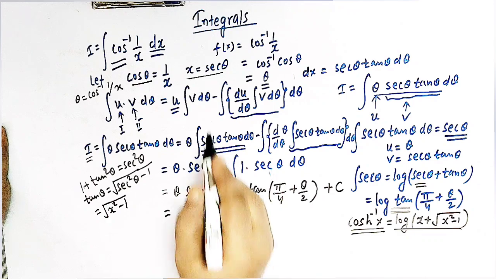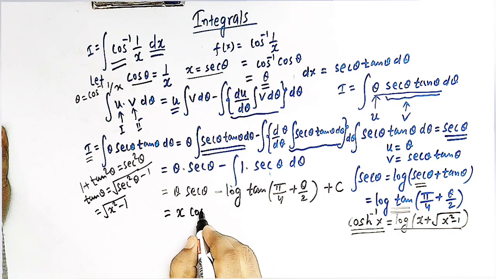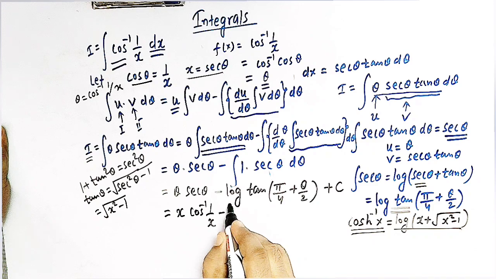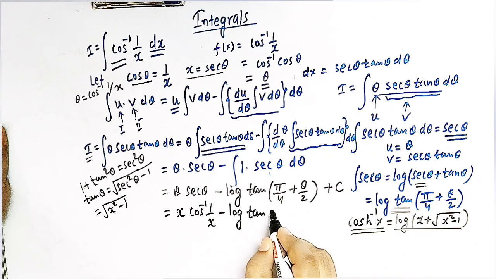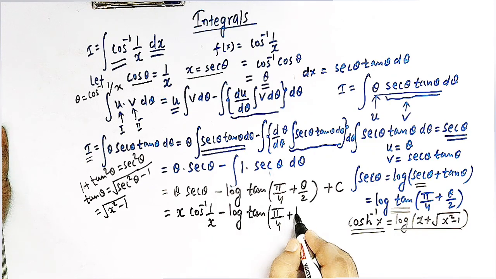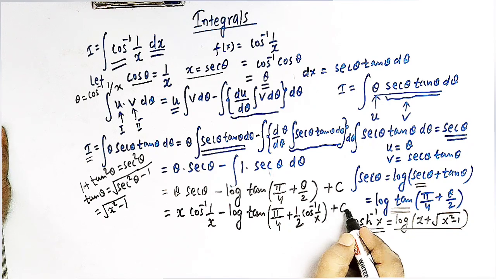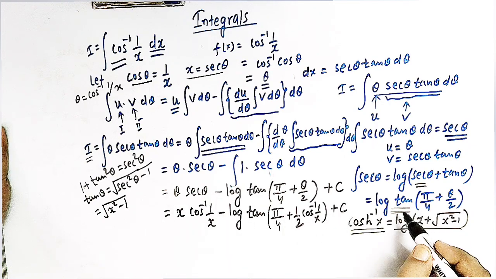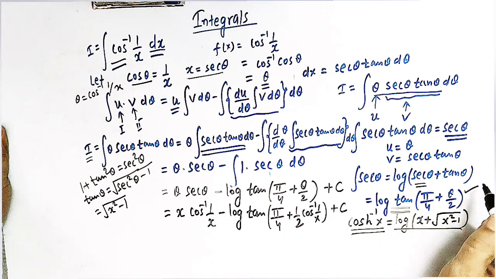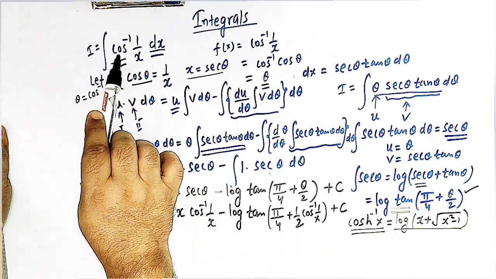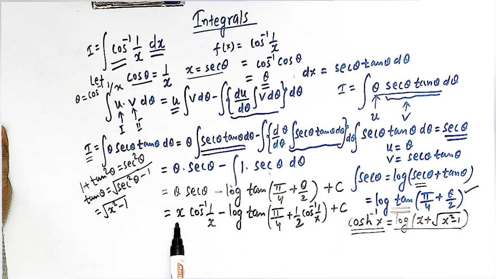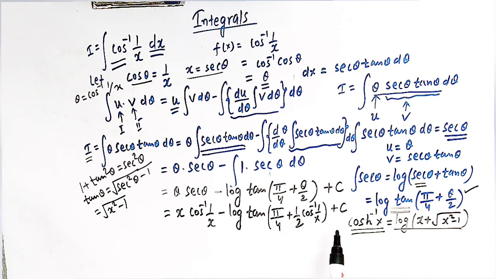And then secant theta is x and theta is cos inverse of 1 over x minus log tangent of pi by 4 plus half. For theta we can write cos inverse of 1 over x plus c, right? So in that case, the value of this integral would have been x cos inverse 1 over x minus logarithm of tangent of pi by 4 plus half cos inverse 1 over x plus c.